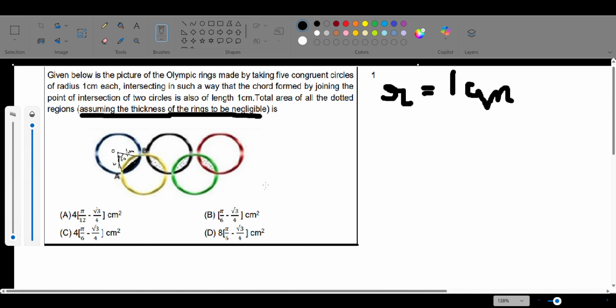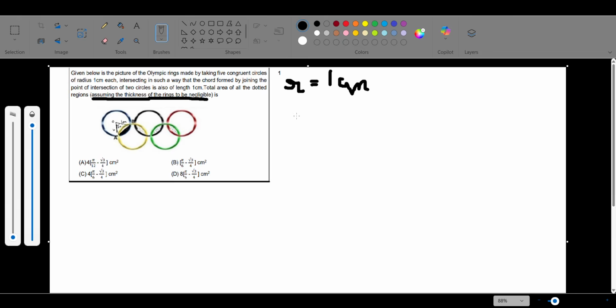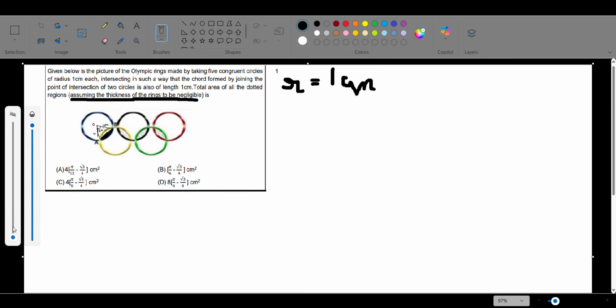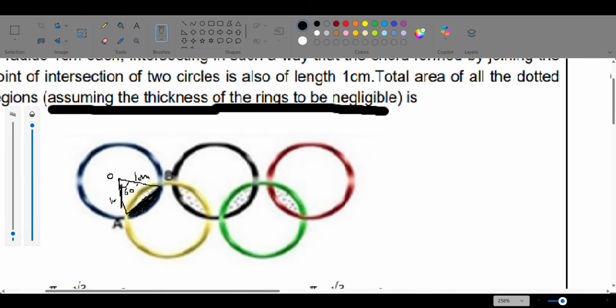Now we understood the basic idea behind this question. Now what you're supposed to do is find the area. Since this is forming one segment, this should form the second segment, because it's the segment of this circle.